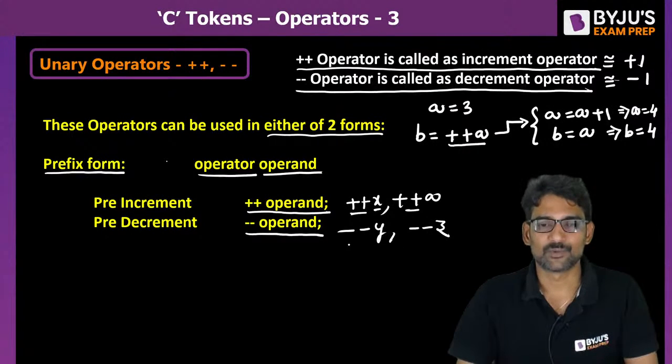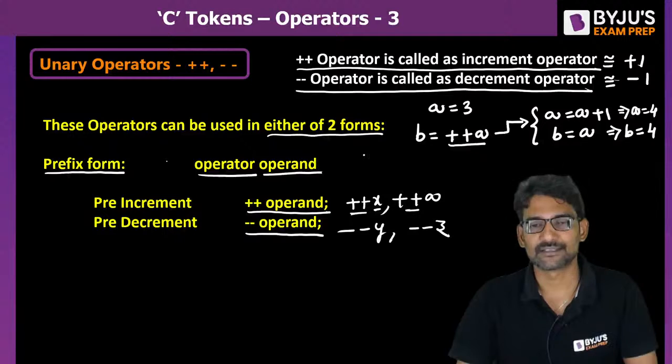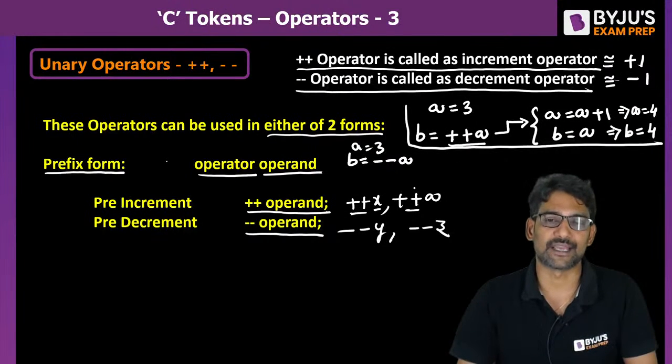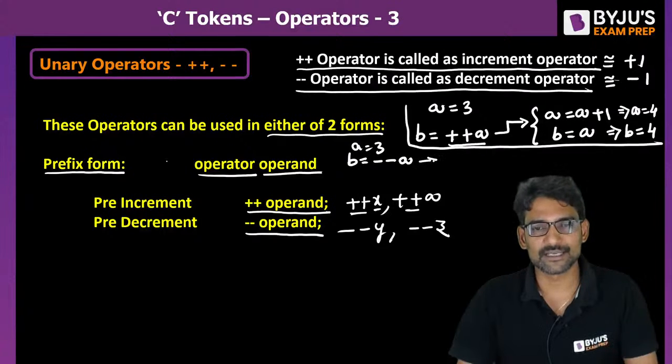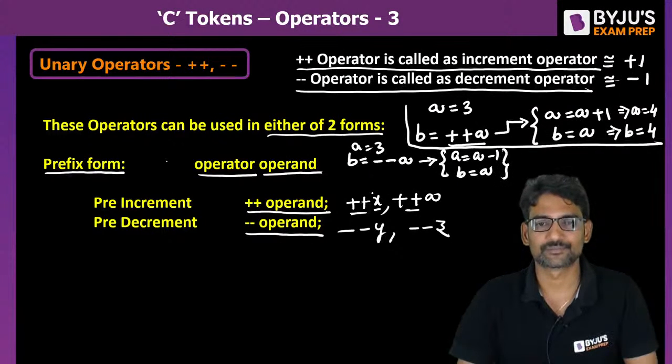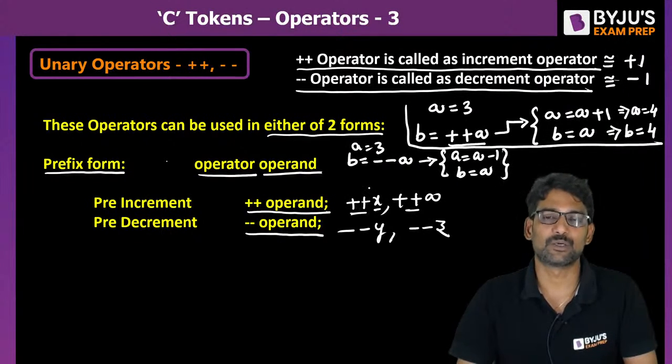Similarly, what is minus minus a? Suppose for a value 3, if I take minus minus a, what is this equivalent to? a equal to a minus 1 first, then b equal to a.